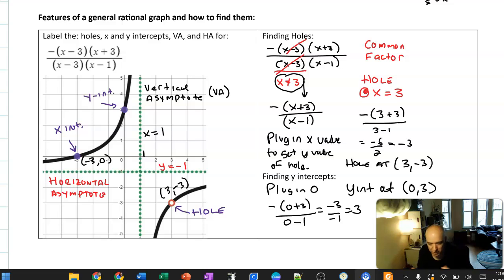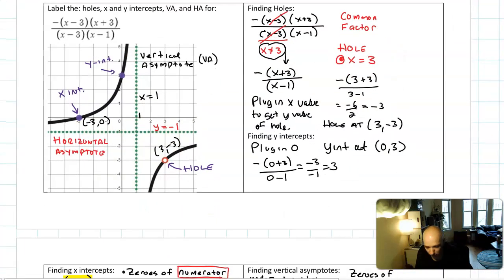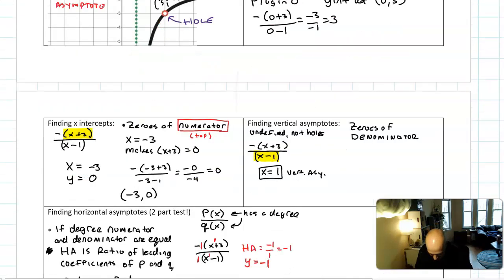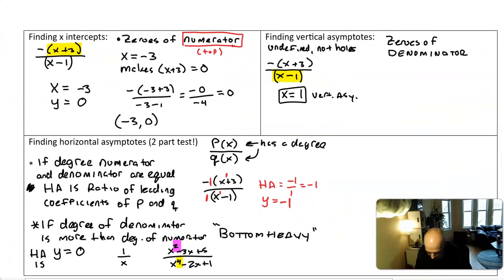The first thing you do is you look at the equation, and step 0 is if it needs to be factored, you factor that thing all the way out. This one came to us factored, so we didn't have to factor anything. Then you look for any common factors on the top and bottom, cross those out, and those are the locations of your holes. And you plot your holes. Then you plug in 0 and find the y-intercept. That's the next thing. Then you look at the zeros of the numerator.